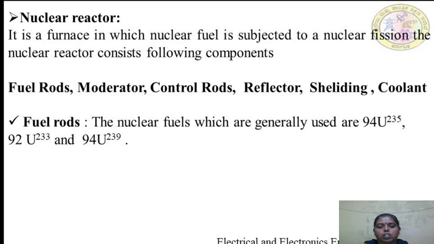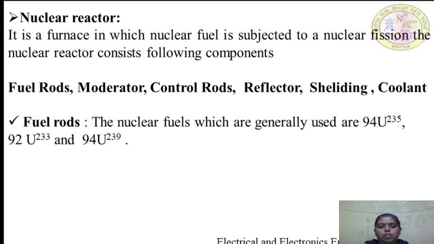The nuclear reactor consists of the following components: number 1, fuel rods, moderator, control rods, reflector, shielding and coolant. So these are all the components of a nuclear reactor as we observed in the figure.